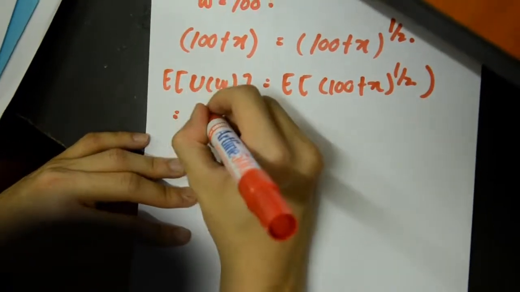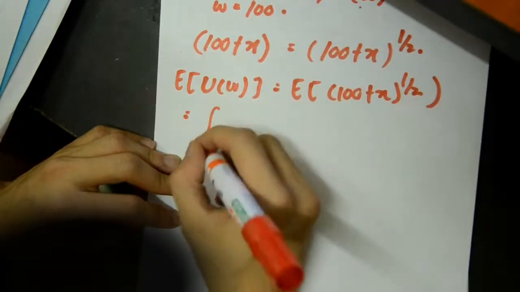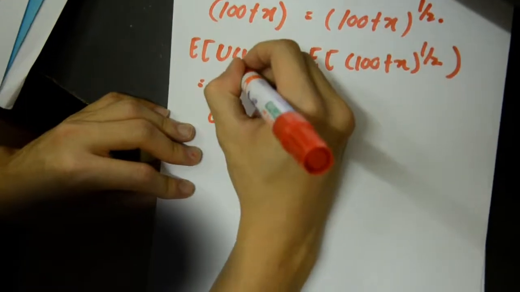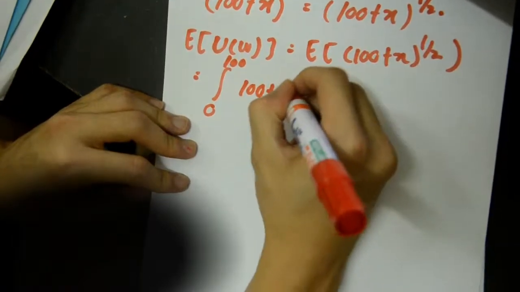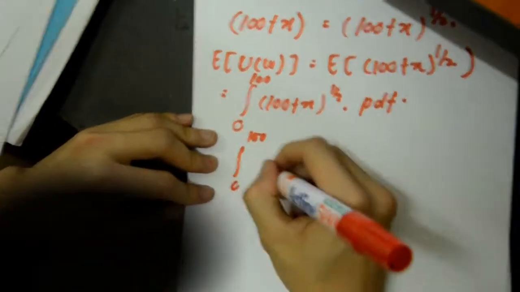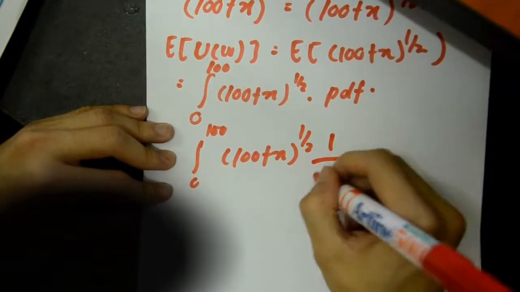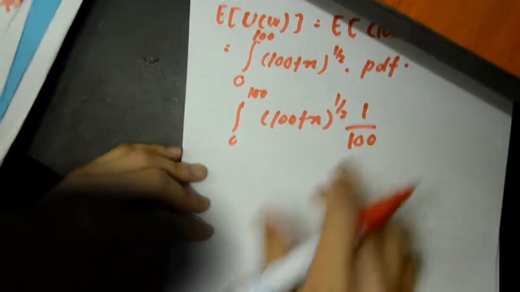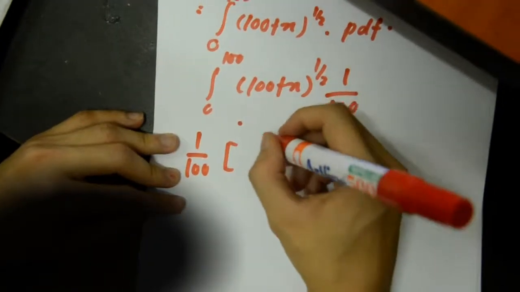So you will have to integrate, because it is uniformly distributed from 0 to 100. The lower limit is 0 and the upper limit is 100. So you insert the equation of U(w), (100 plus x) to the power of 1/2, and you multiply by the PDF of the distribution, which is 1 over 100, as 100 minus 0 gives 100.